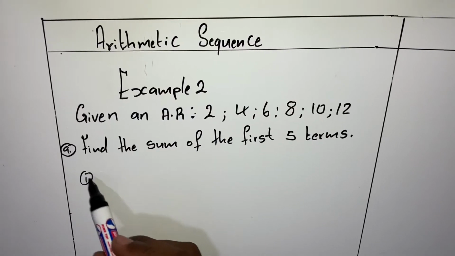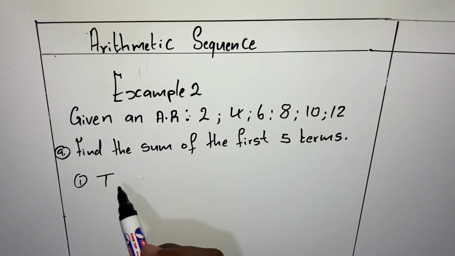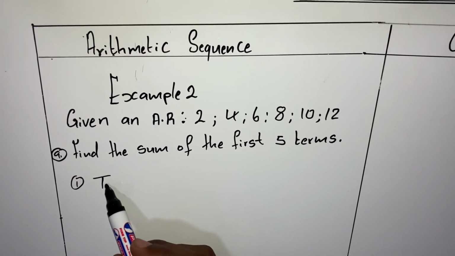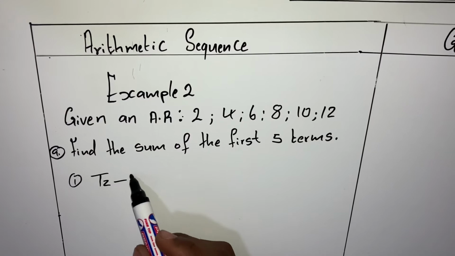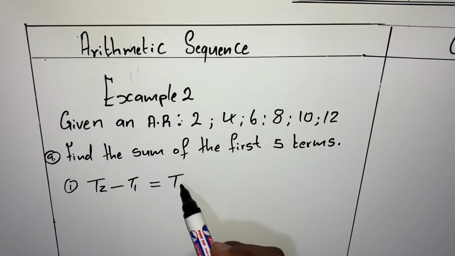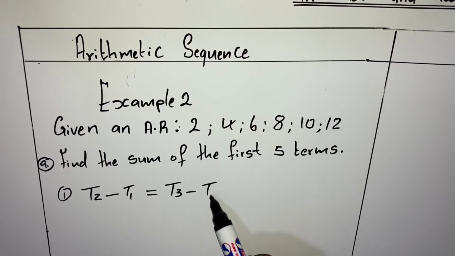Roman figure 1, we use this formula to find our d: T2 minus T1 is equal to T3 minus T2.